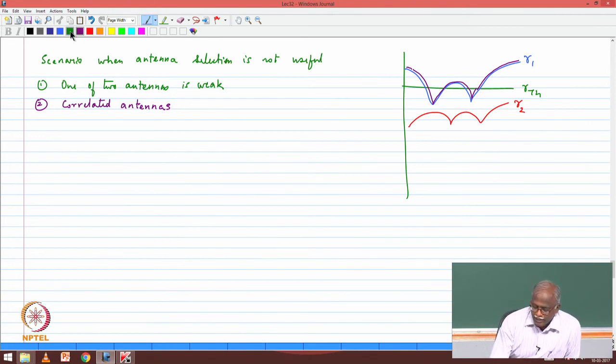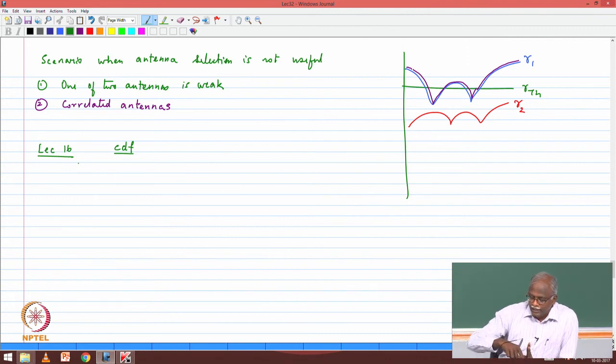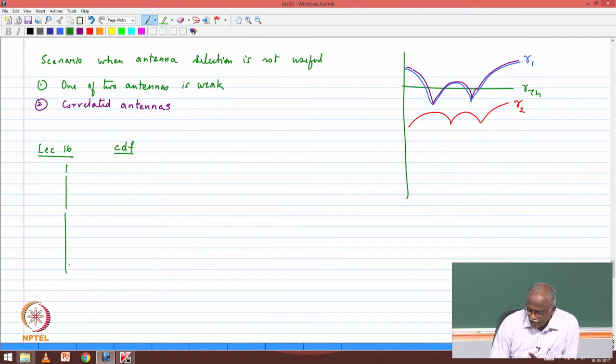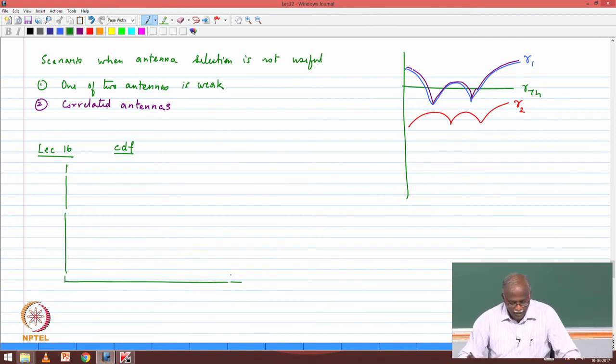Now, a little bit of homework for you. If you go back and look at our notes from lecture 16, we plotted a CDF. What we plotted was to show the behavior of the envelope of a Rayleigh random variable. If you plot it for the SNR, you will find that the plot looks very similar.